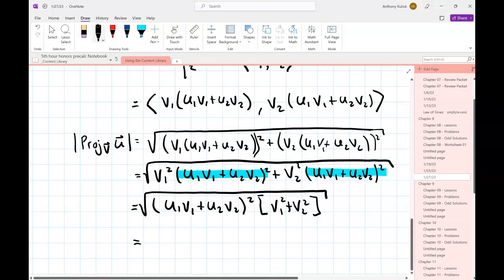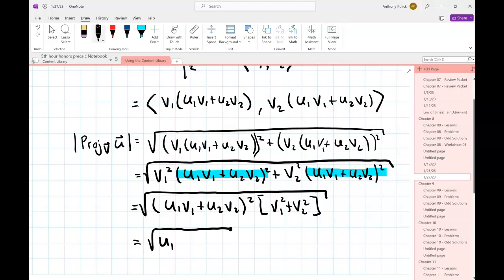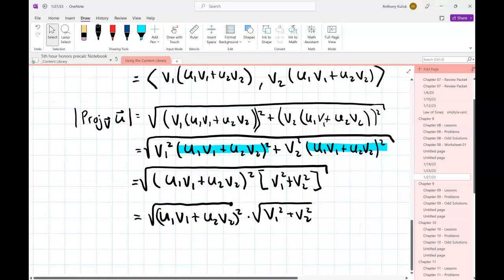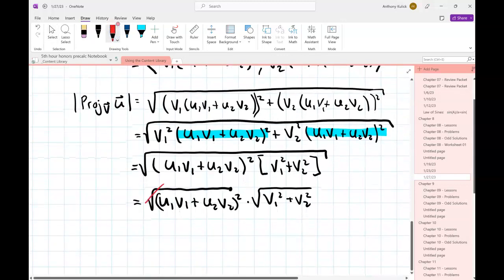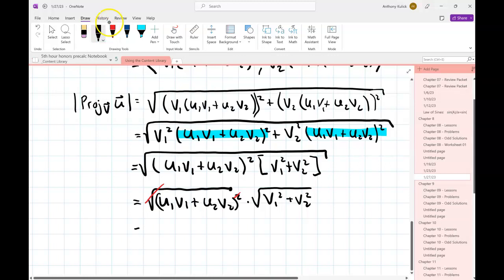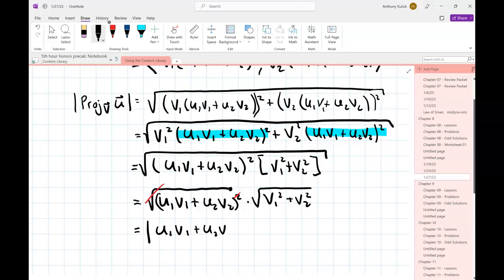And if I have the square root of a product, I can think about those as two separate square roots, still multiplied together. So if I look at that first one, the squared cancels the square root, but I know that when I square something, it has to be positive, and when I take the square root of a positive, it has to give me a positive back, so that's like the absolute value.